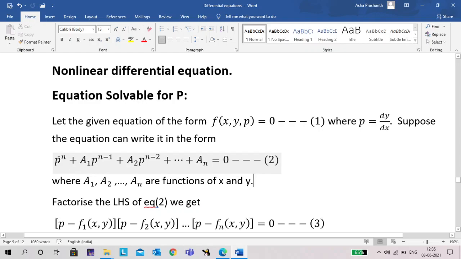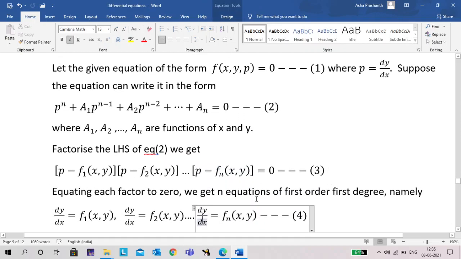This p stands for dy by dx. So p to the power of n plus a1 into p to the power of n minus 1 plus etc. plus an is equal to 0. We call this equation 2. Here a1, a2, etc. an are functions of x and y. Okay, so we can write the left hand side of the equation by factors.